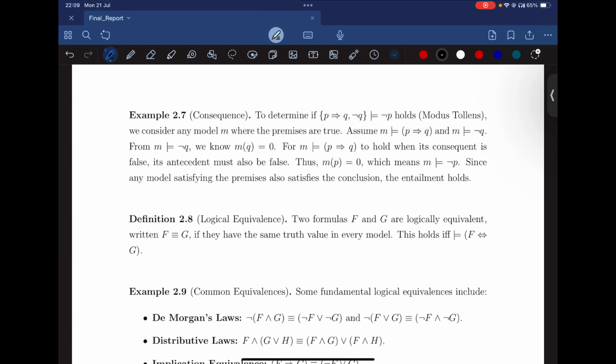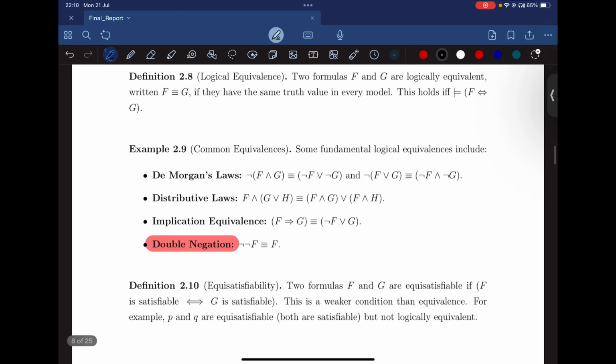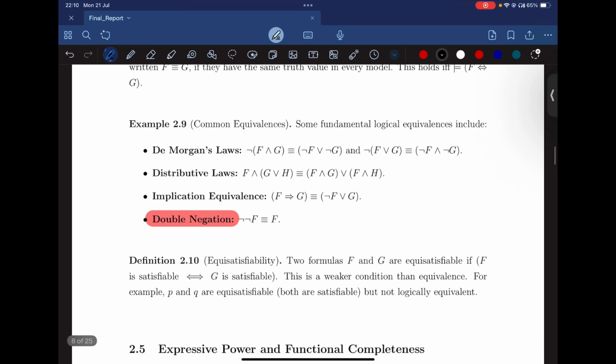To determine consequence, this is just an example of how the system works. Now we have logical equivalence. Two formulas F and G are logically equivalent if they have the same truth value in every model. No matter what your variable assignment is, if the truth value of F and G is the same, then we can say they are logically equivalent. The best example is double negation.